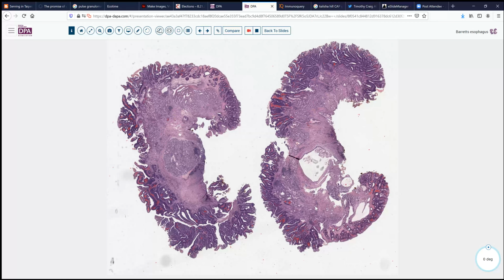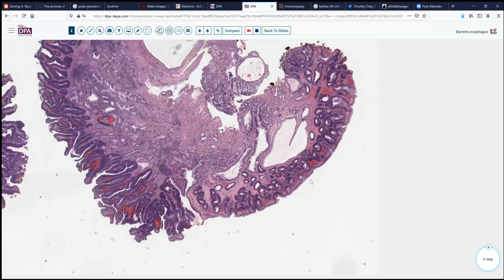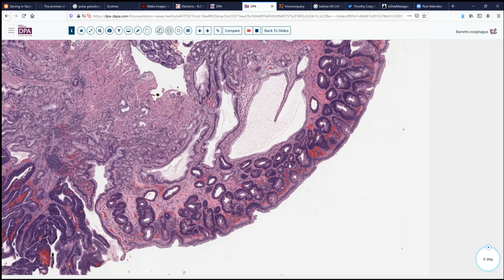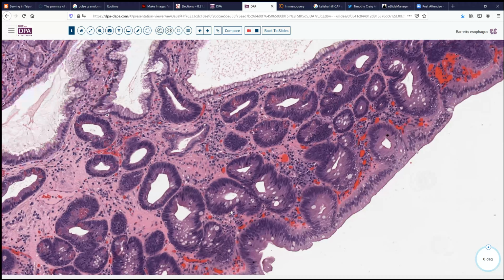But let's focus first on maybe the more normal appearing area here. We see that this area has columnar mucosa on the surface. And this is mucosa with a good number of goblet cells in this columnar epithelium. The nuclei are somewhat crowded and stratified.